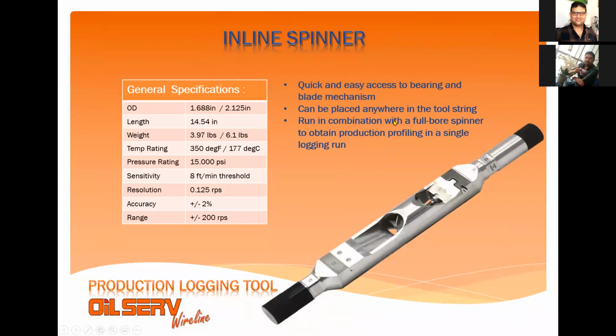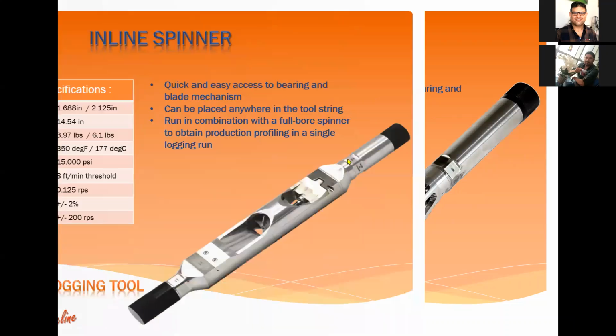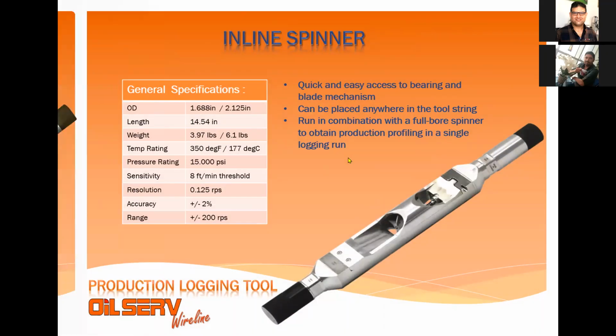This is the backup spinner, the so-called Al-Hilali spinner, put in the middle of the string. This one is sometimes called the turbine spinner or continuous spinner. It is usually used in a restricted hole when you want to log inside a very small tubing, and when you have an injector that may collapse the other one.